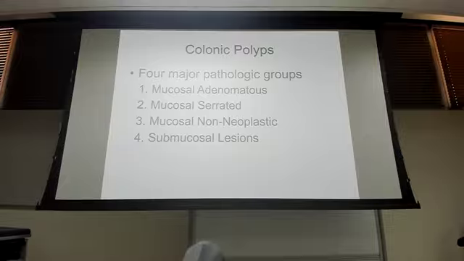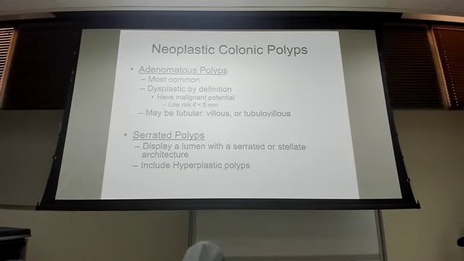The key takeaway from these four categories is that the adenomatous polyps, we consider precancerous until proven otherwise. Not that any of the others can't lead to cancer, but the adenomatous category is most likely to.